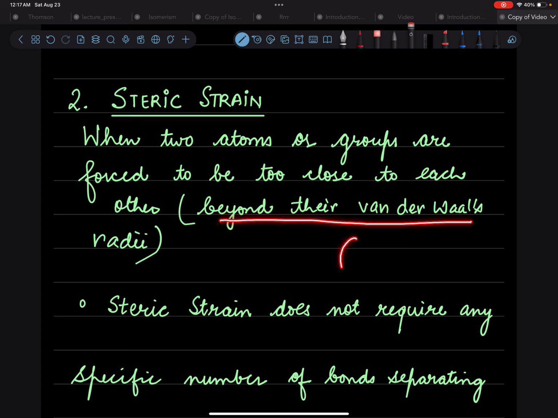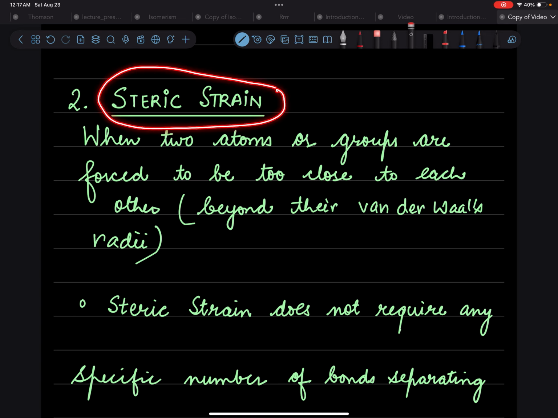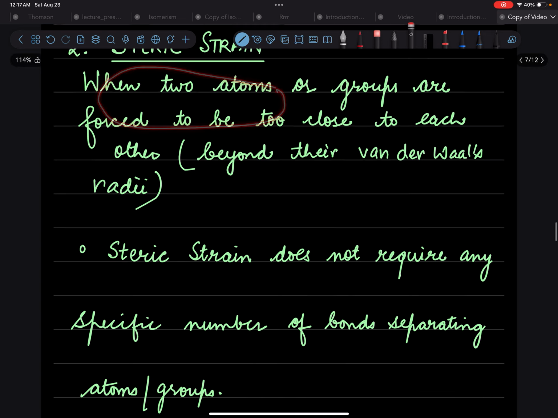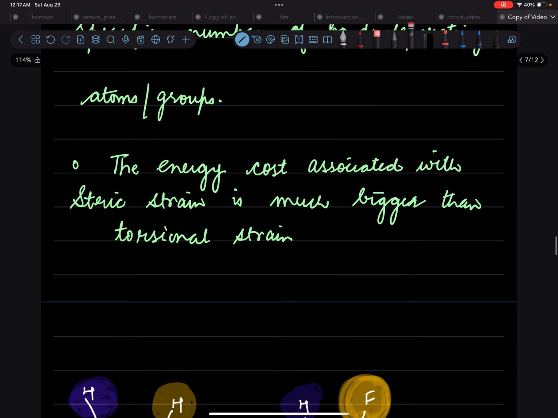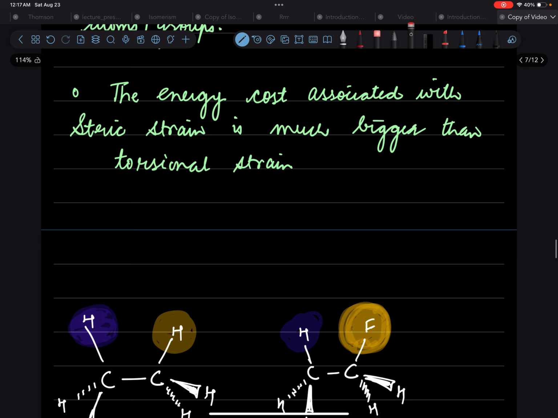If this is one atom and this is the other one, and they come closer to each other than their ideal distance should be, that type of strain is called steric strain. Its magnitude is always more than the torsional strain. It doesn't require any specific number of bonds separating, and the energy cost associated with steric strain is much bigger than the torsional strain, right?